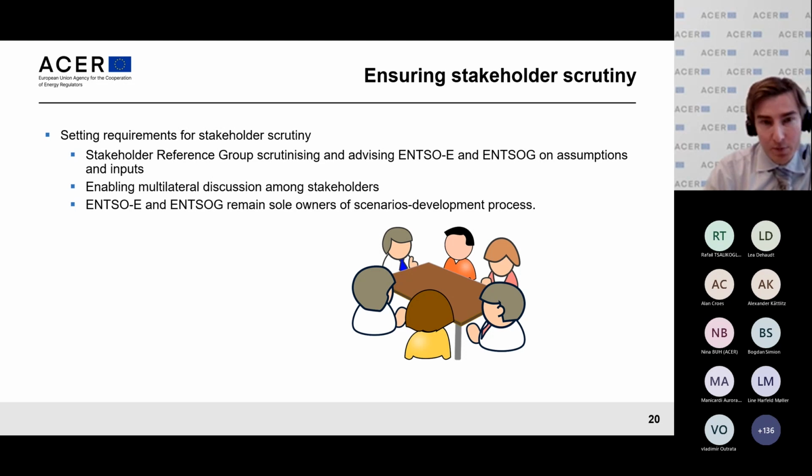So they are responsible to deliver the scenarios, and of course any advice on the assumptions will be public, and NSOs will explain why they took on board some aspects or why not. But it's clear that they remain the sole owners of the process.